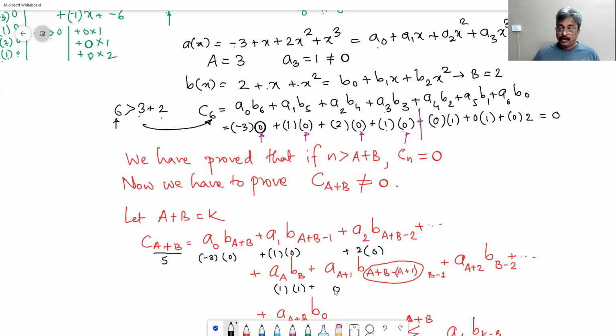a4 was 0, b minus 1, that is b1, is 1, a5, correct, b0. How much was a5? Here I wrote something wrong.